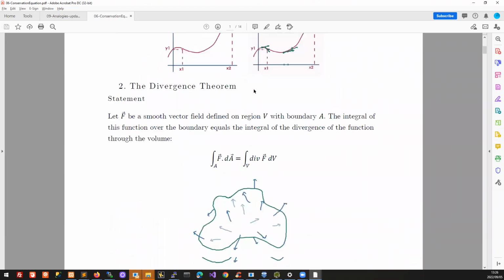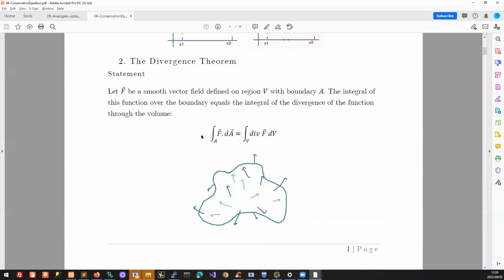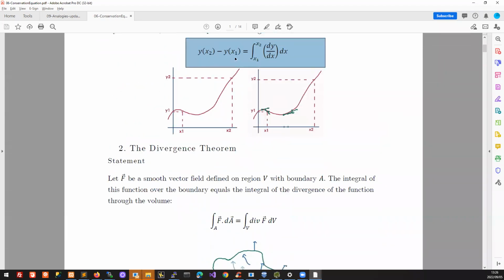And if you look at what this is giving us, the integral over the area of a function, the change over a certain region of a function, is equal to the changes of the function over the volume.